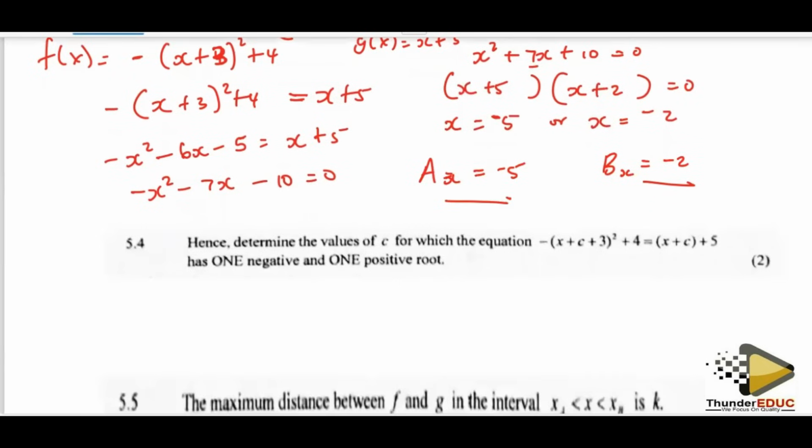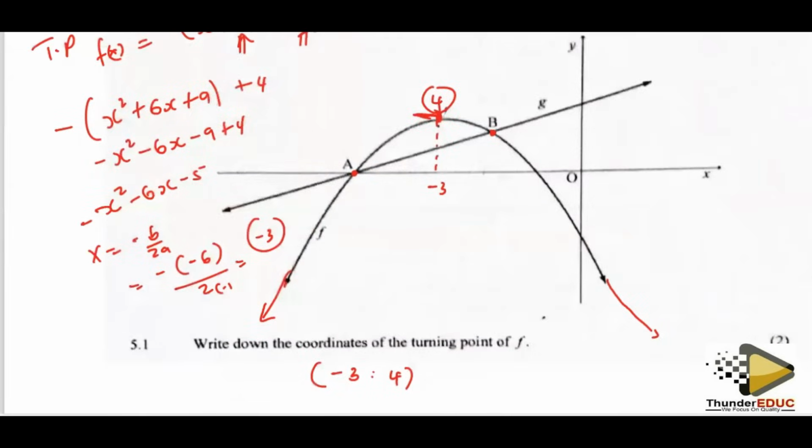Then, hence, from where we stopped, they want us to get the values of c for which the equation -(x + c + 3)² + 4 = x + c + 5 has one negative root and one positive root.